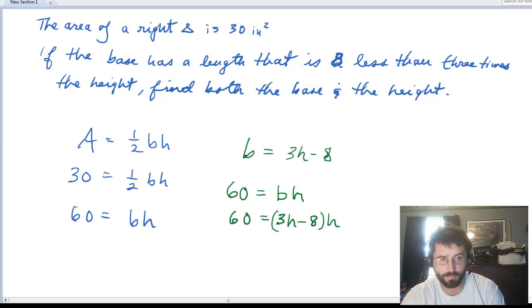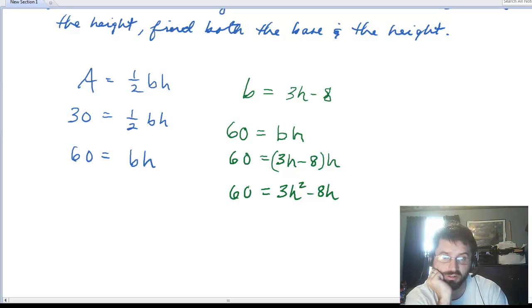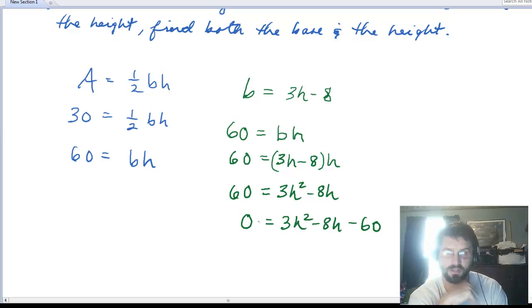Now this problem is a little more difficult than what you were given. But using distributive property here, we get 3h squared minus 8h equals 60. And then if you move the 60 to the other side, it becomes this equation equals 0. So you want to find an h such that this polynomial equals 0.